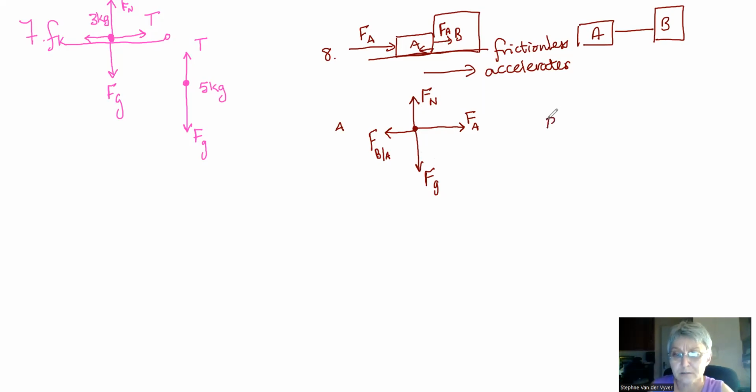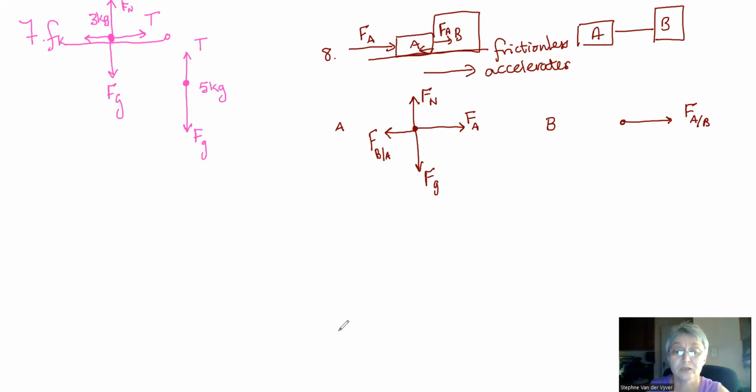For object B, there is no applied force on object B. The only force in the horizontal direction for object B is the force of A on B.